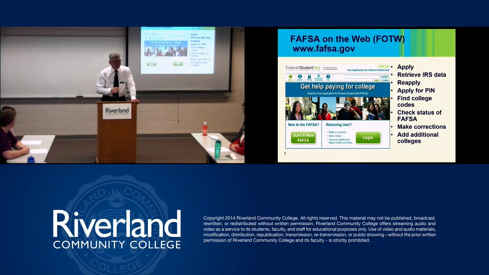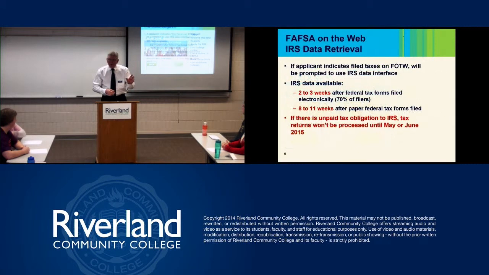I understand that I can have my FAFSA completed automatically. Actually, there is an automatic connection, and here's how it works. It's called data retrieval. So if you file your tax form electronically, 2 to 3 weeks later, your data is going to be available from the IRS to automatically load into your financial aid application.